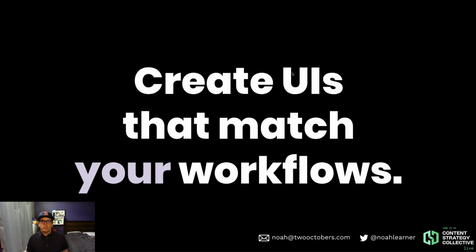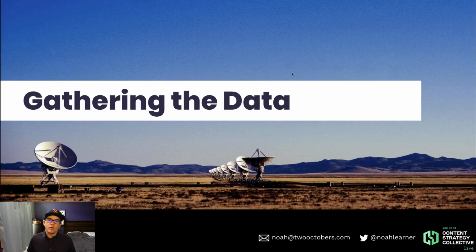It allows us to work inside Data Studio to create user interfaces that match our workflows. If you have a 12-step process for driving performance with your clients, you can create tooling with Data Studio that has 12 pages with 12 sets of answers and questions that you're going to use to drive performance. Super flexible, allows you to work the way that you want, which I'm just crazy excited about.